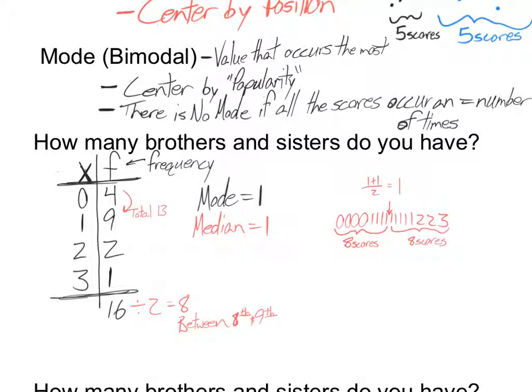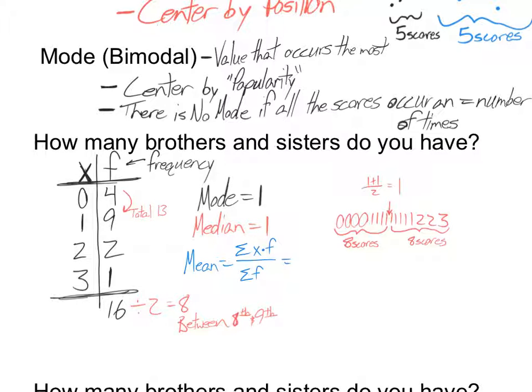So let me finish up mean real fast. Rather than adding all these up, here's what we have with the mean. The mean is going to be the sum of each score times its frequency over the sum of the frequencies. Now, the sum of the frequencies we already said was 16.